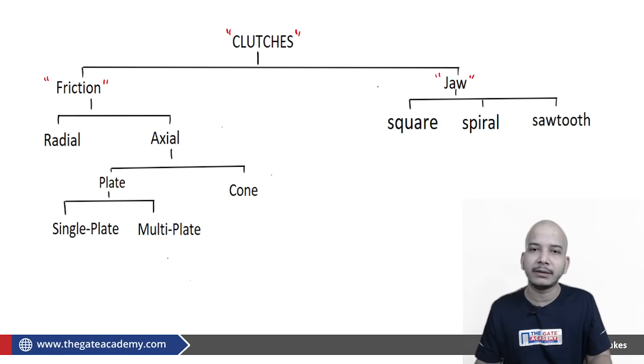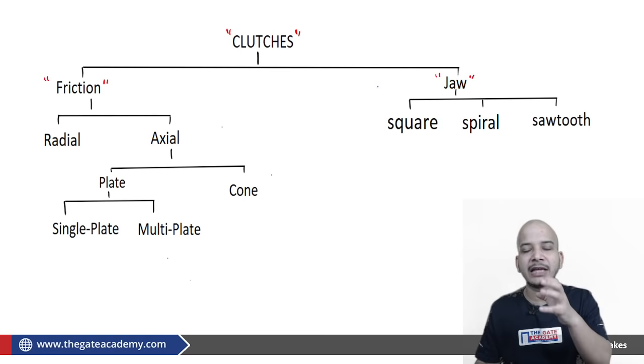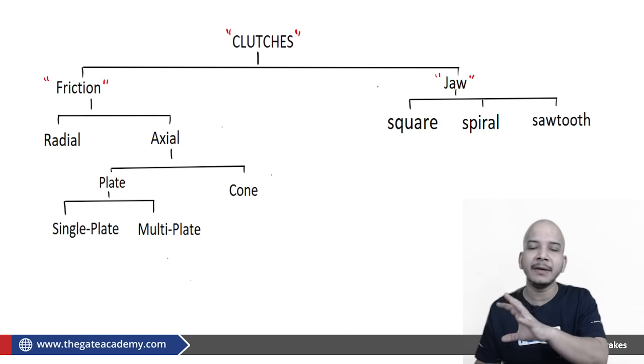Like that, you cannot engage both of them when there is load, and you cannot engage both of them when the speed is high. Okay, so the jaw clutch also has its problems. However, as far as the amount of torque transmission is concerned, it definitely has a greater value.